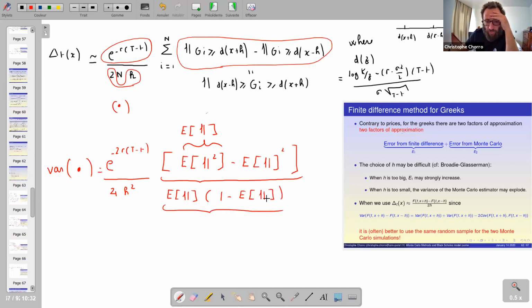Something that I can compute, because the expectation of an indicator function is just a probability. It's the probability that a Gaussian is between x minus h and x plus h. So it's something that I can express as N(d(x minus h)) minus N(d(x plus h)).